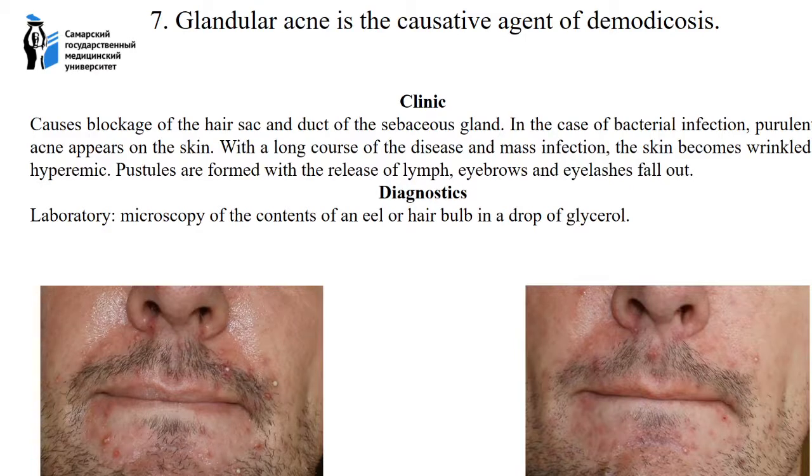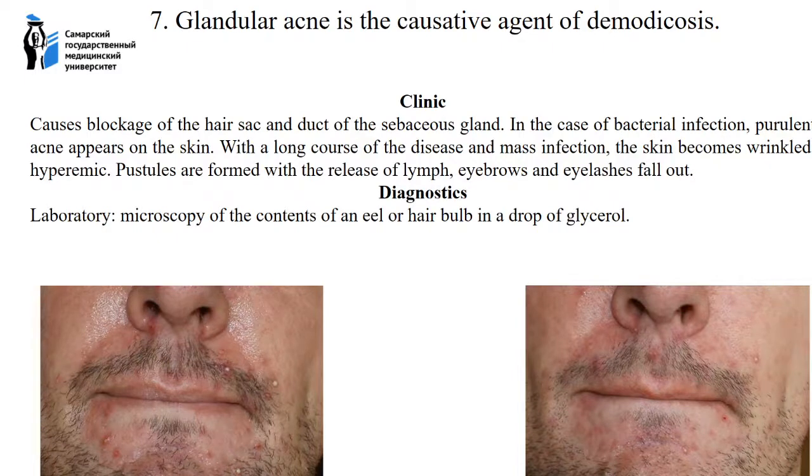With a long course of the disease and mass infection, the skin becomes wrinkled, hyperemic. Pustules are formed with a release of lymph.